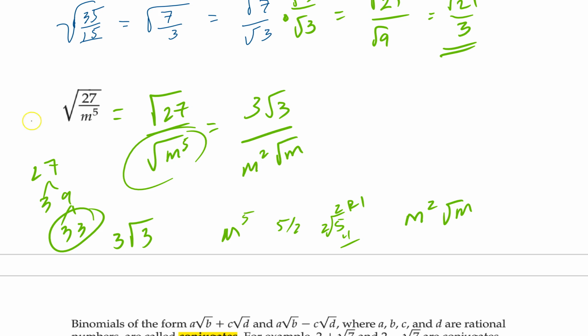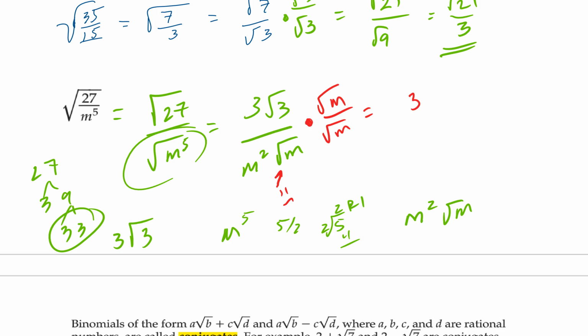If I have a radical in the denominator again, right? They don't want this. So we're going to rationalize it. Multiply top and bottom by the thing with the radical in it. That's it. Multiply top and bottom by the radical. Now, how does this work? Only the radical gets multiplied by the radical.